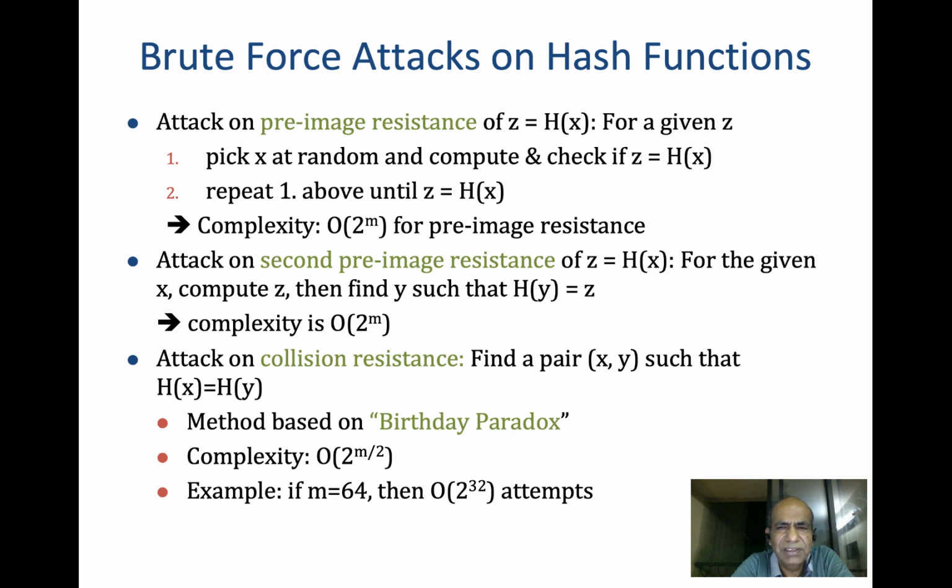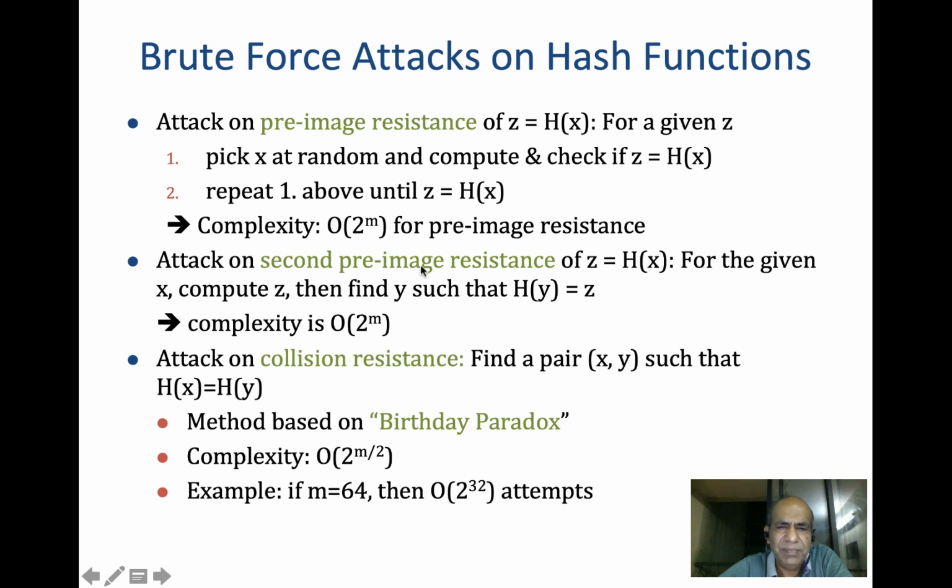So what we can do is take some value of x at random and compute h(x), and if it matches z, then obviously we have broken the hash function. The complexity of this is 2 raised to the power m.